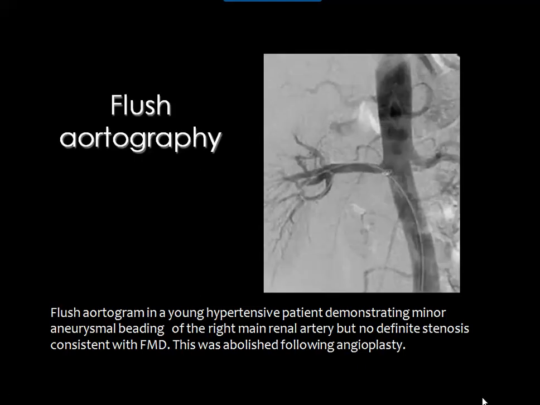But sometimes you can push the catheter into the right renal artery, then inject contrast media to show the artery clearly, then you push the catheter in the left and do the same technique.